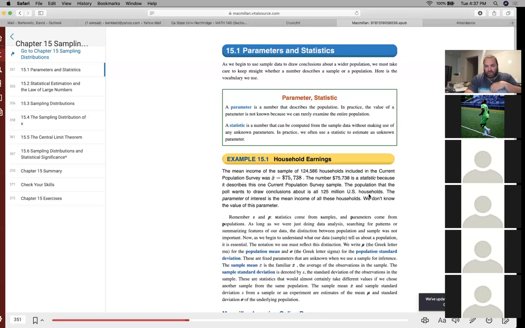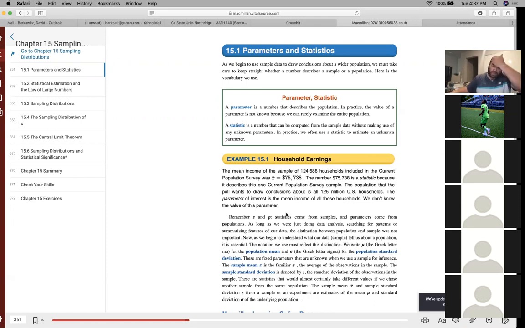The population that the poll wants to draw conclusions about is all 125 million US households. We didn't use 125 million. We use roughly 125,000, which is 1/1000th of the entire population. The parameter is the mean income of all these households, and we have no idea what that parameter is.